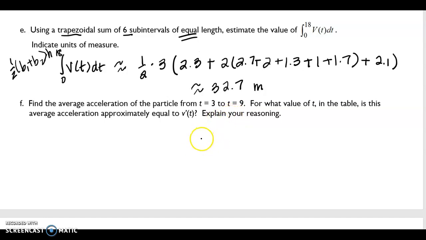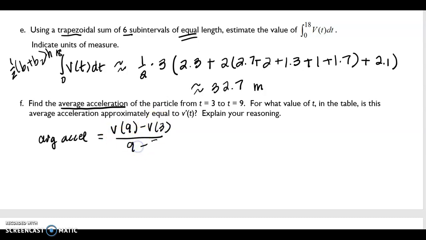The last part of this problem is F, so it asks us to find average acceleration. So remember that average acceleration is the rate of change of velocity. And so we're going to do velocity at 9 minus velocity at 3 over 9 minus 3. So that was average rate of change of velocity. So we can use our values in the table. v of 9 is 1.3. v of 3 is 2.7, all over 6.